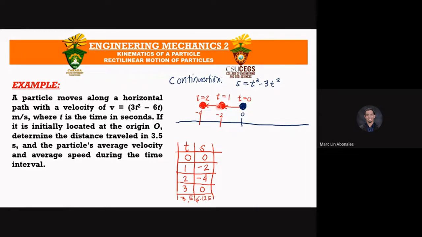But for displacement, the 2 is between the particle during the time 1 and the time 2 seconds. Next is the location of the particle for the time equal to 3 seconds. We notice that the position is 0, so it went back to the origin.